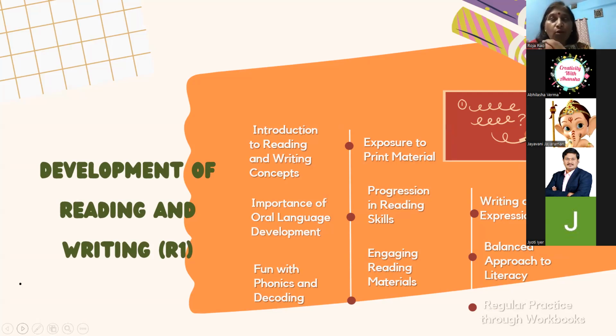But as they go towards the other ages, 6 to 8, they will easily be able to read the print material which is being exposed to them, as well as write, because the graphemes and phonemes are easily decodable for them, and they can understand and express themselves easily. Next slide, sir.